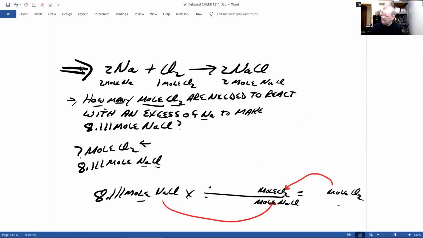Please pass the NaCl. Remember, the coefficients, the number in front, give you molar relationships. And if there's no number, like in front of Cl2, it's the number 1. Therefore, for every 1 mole of chlorine, Cl2, we make 2 moles of sodium chloride.